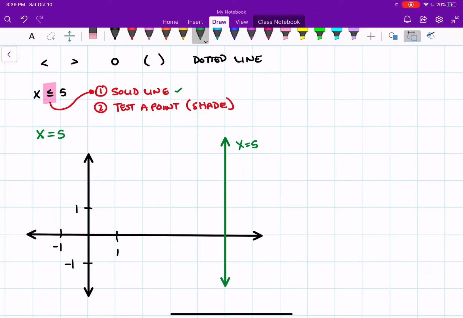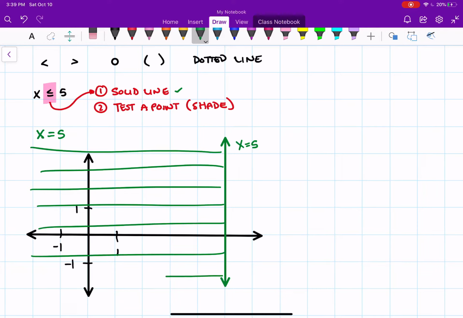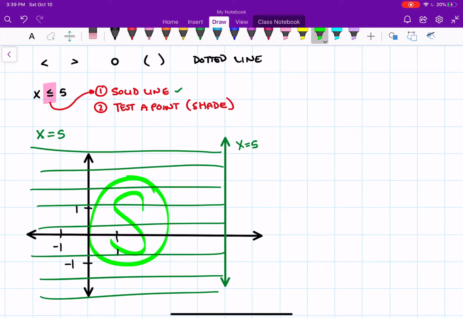So what we would do is shade to the left. Any of those points to the left of that line is going to be part of this solution. So this right here would be my answer.